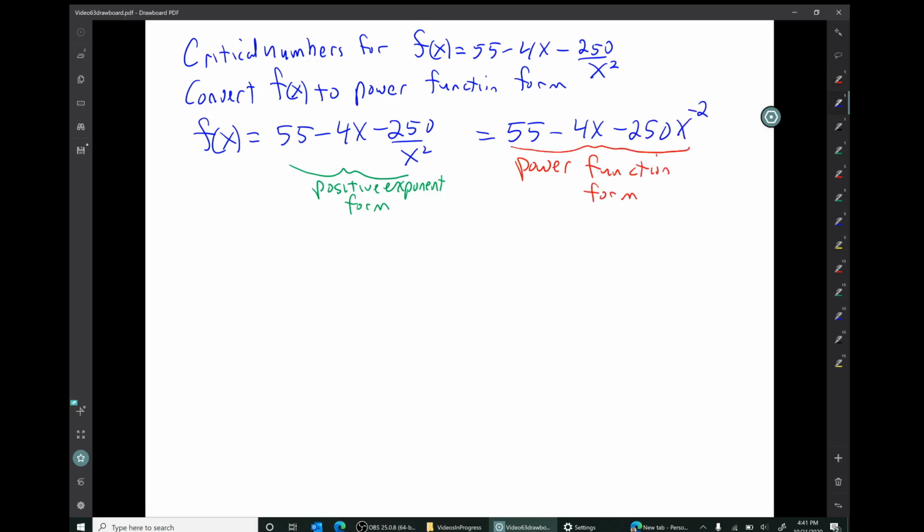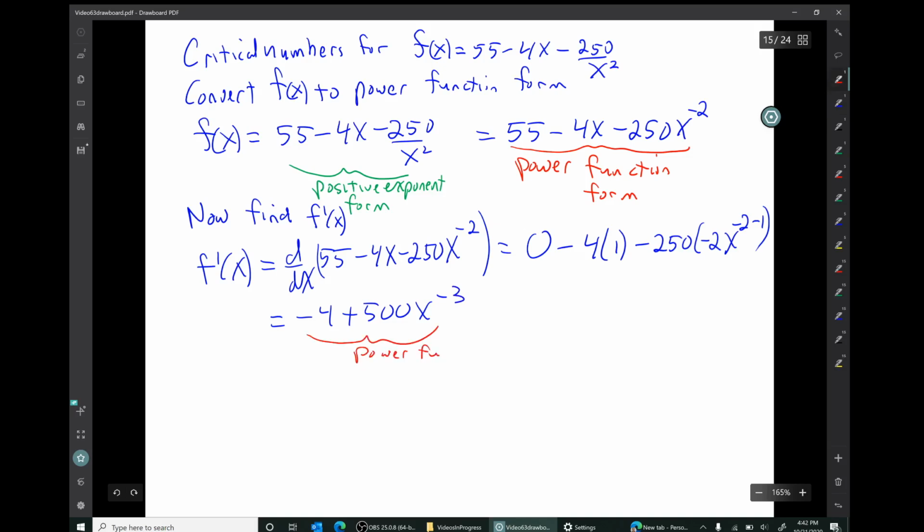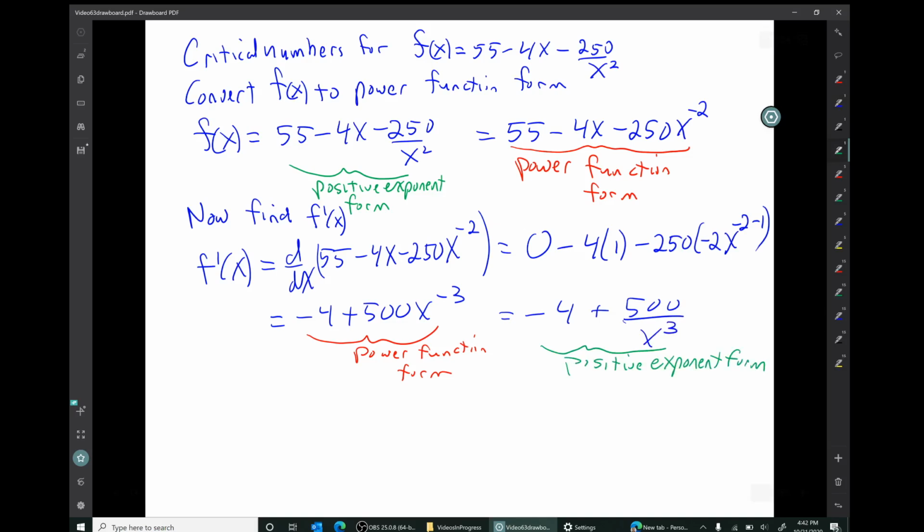Now that we have the function written in that power function form, we can find the derivative easily. So there's our derivative. Now we need to look for x values where f prime equals 0 or f prime does not exist. So that is, we're looking for partition numbers for f prime. We'll do that on the next page.